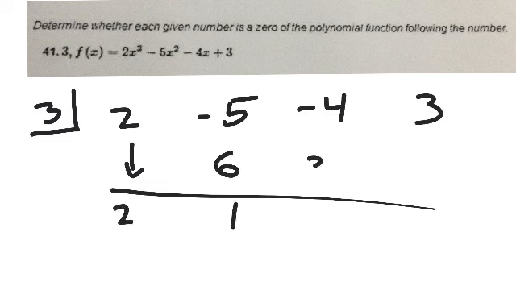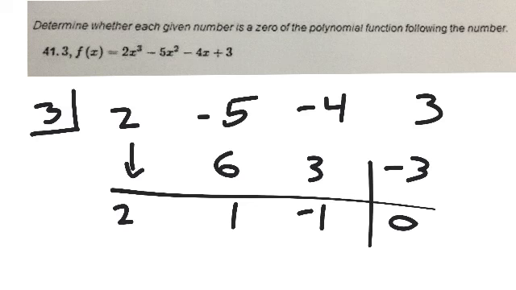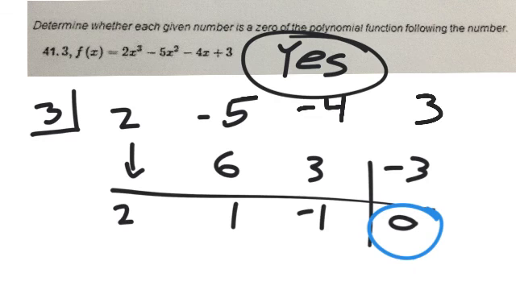That's 1, 3, negative 1, negative 3. So when I performed my synthetic division, I found it to have a remainder of 0, which means that the function, if I plugged in 3, would evaluate to be 0. So that means 3 is indeed an x-intercept. So is 3 a root? Is it a 0? Yes, it is.